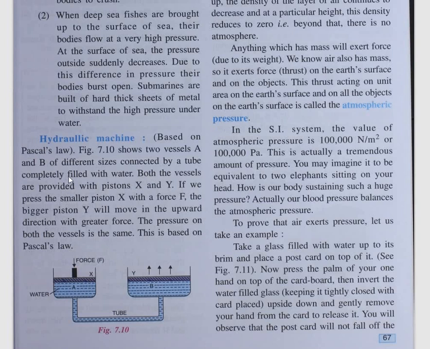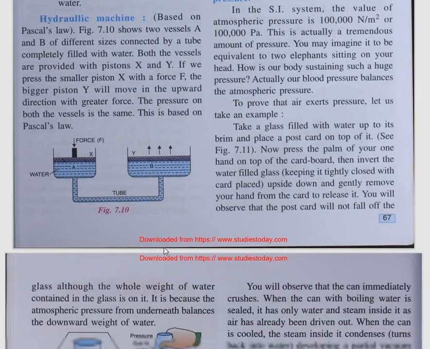Both the vessels are provided with pistons X and Y. If we press the smaller piston X with force F, the bigger piston Y will move upwards, with a greater force. But the pressure on both vessels is the same. This is Pascal's law.